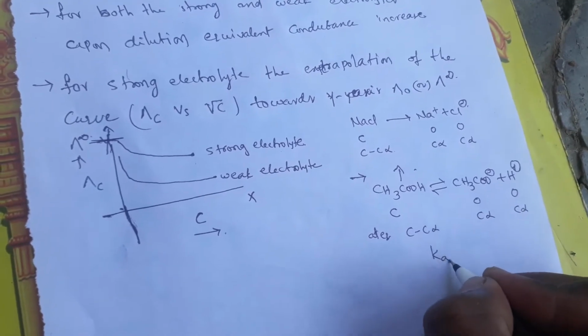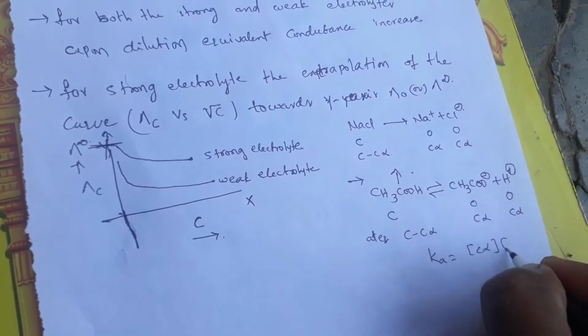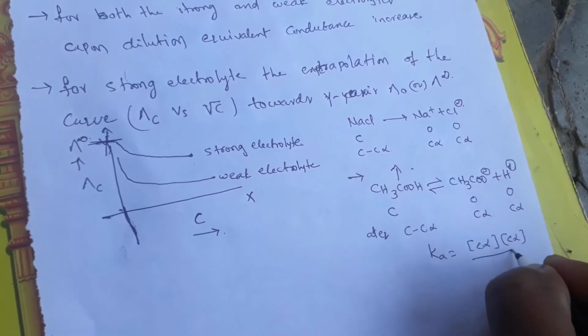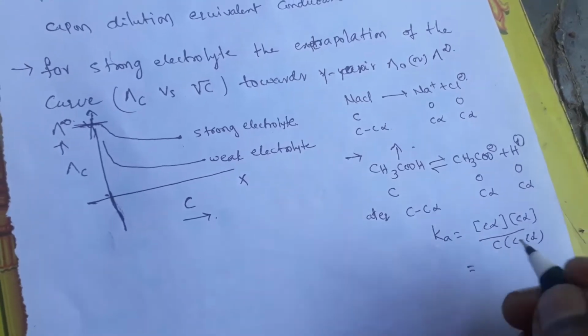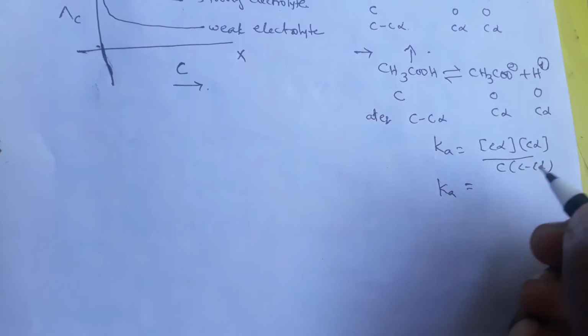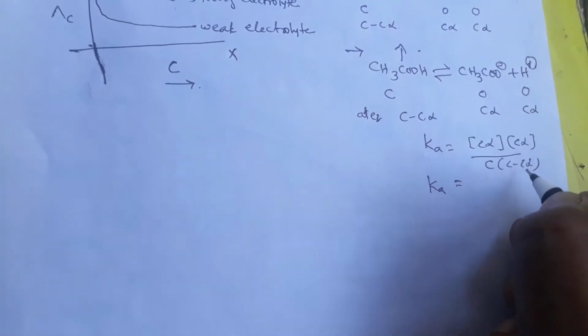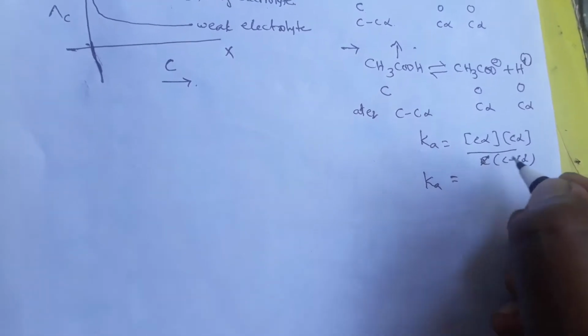So here you can find Ka equals C alpha into C alpha by C minus C alpha, that is Ka equals C alpha squared over C into (1 minus alpha).